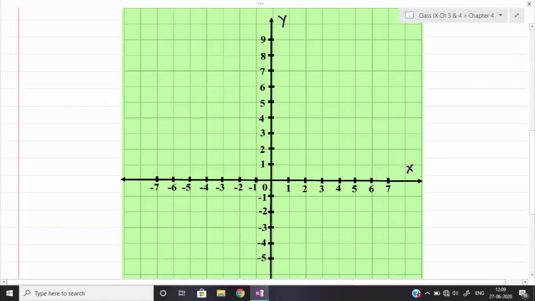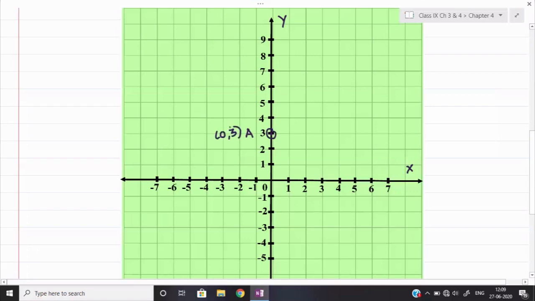So on the x-axis, where is 0 coming? 0 is coming here. Now from 0, I will go in the upward direction and add 3. Here I will mark my first point. So the first point I mark here as A, that is 0 comma 3.